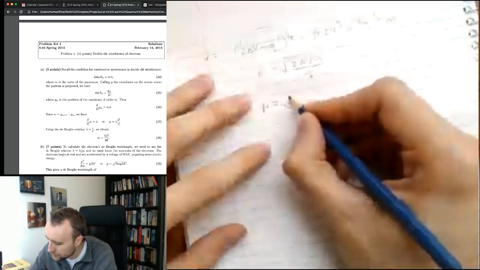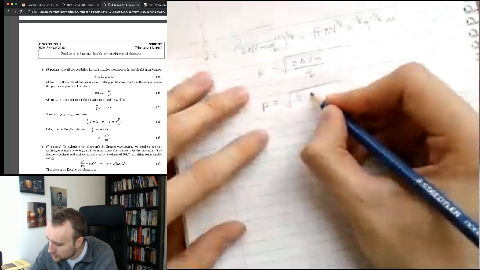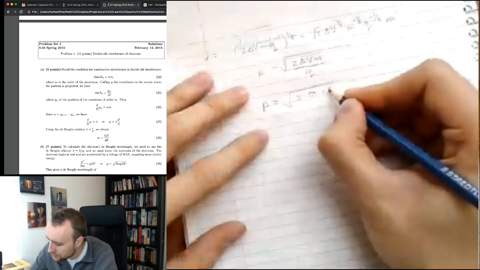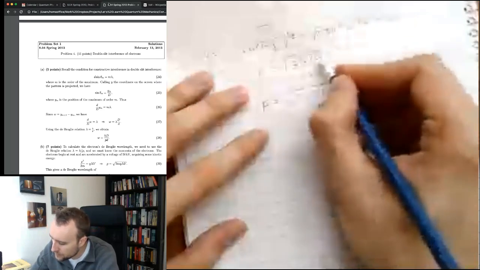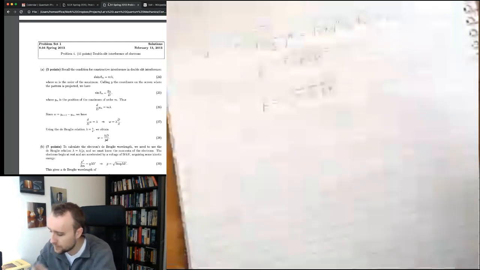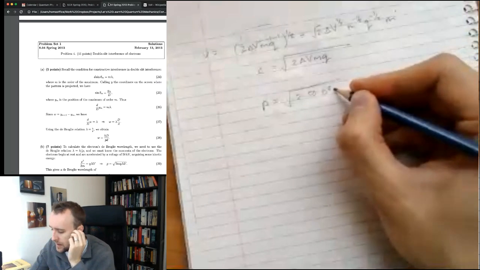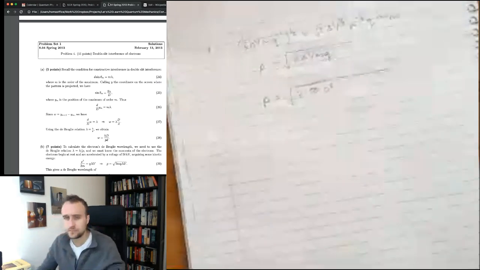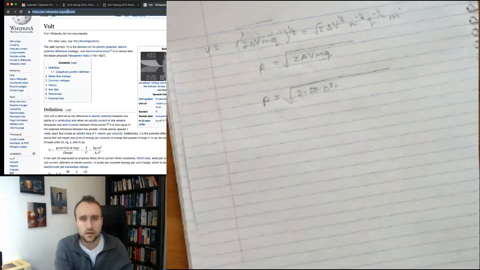Equal to square root of 2 times 50 times 10 to the third. And then this is not underneath. It is up top. Electron mass, which I should really keep track of. I think it's times 10 to the negative 31.